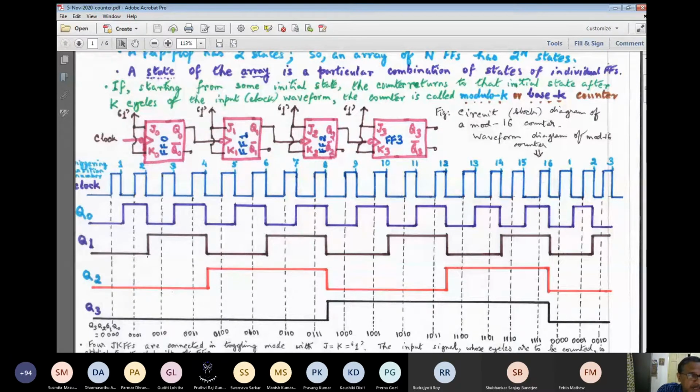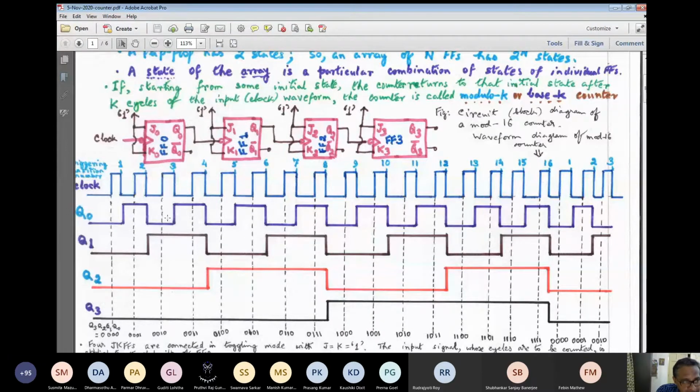At the same time, FF1 will receive a 1 to 0 transition at its clock input, because J and K are 1. FF1 gets a 1 to 0 transition at the time instant marked 2, which is the triggering transition number. So after the active falling edge, FF1 will pass from reset state to set state, from clear state to set state.